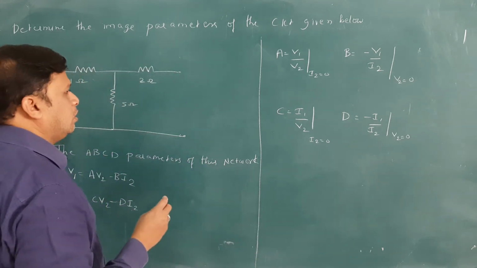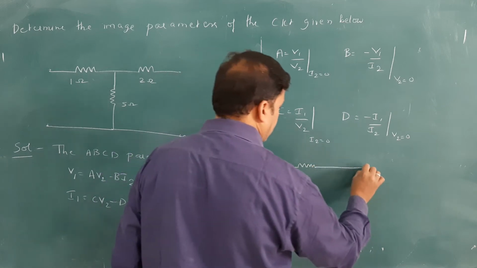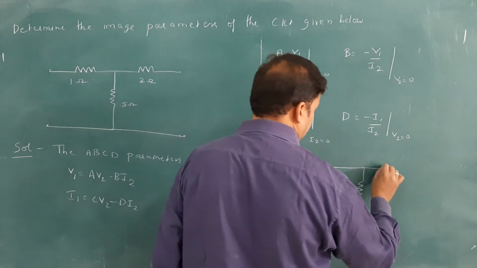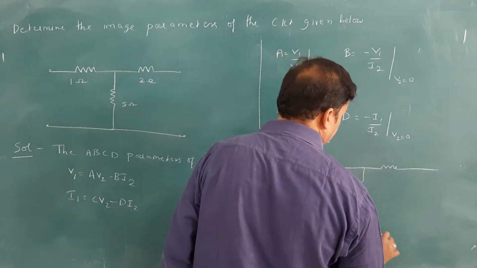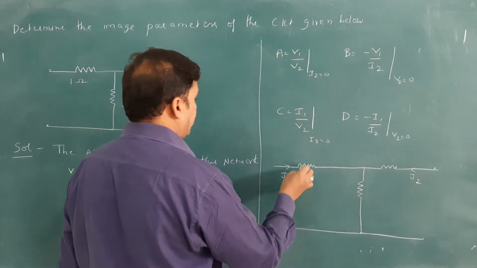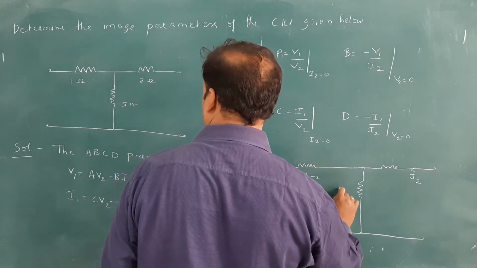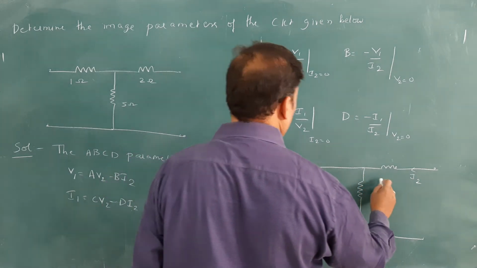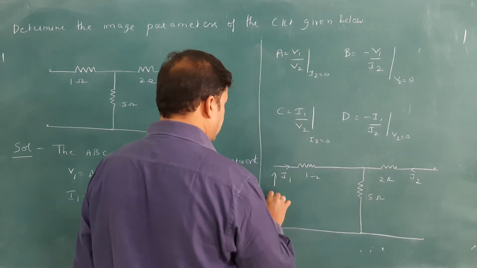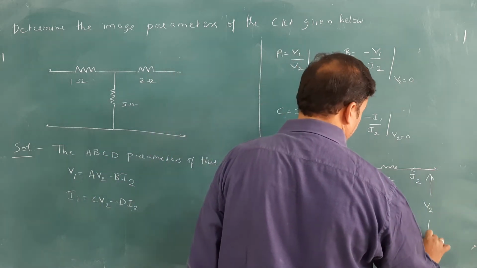Now we will redraw the circuit here. This one is the circuit, and here the current I2 and here I1. This is 1 ohm, this is 2 ohm and 5 ohm respectively, and the voltage here is V1 and here it is V2.